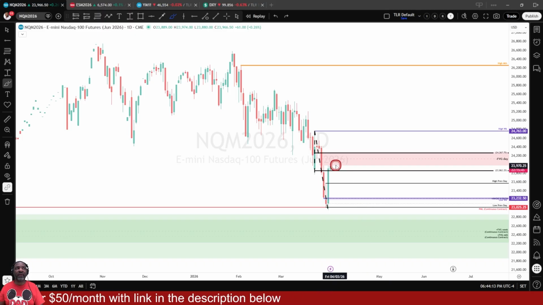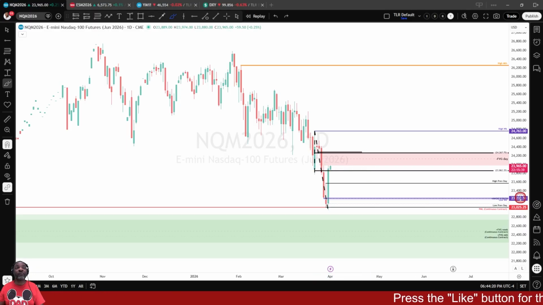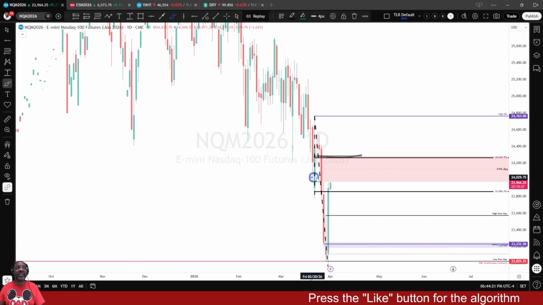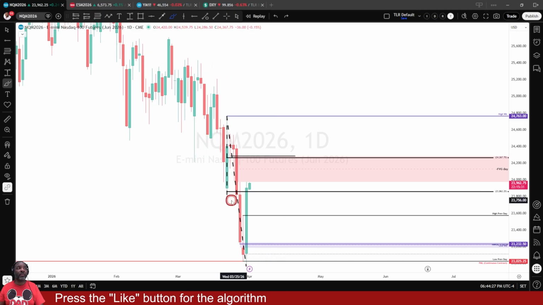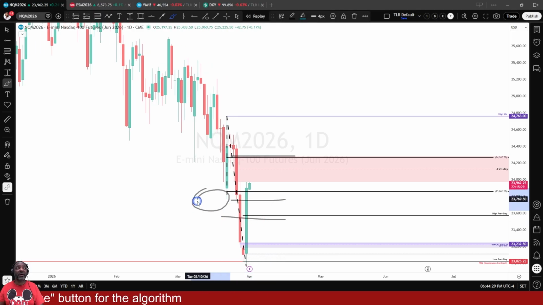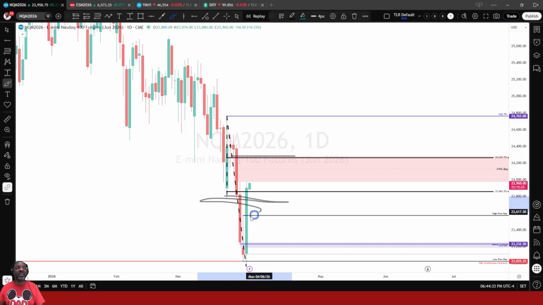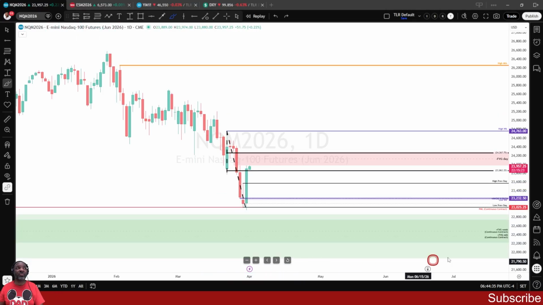If we start to lose these, this is your first imbalance that was created as price displaced down, right? So this was your first based off of leaving this area. It has become an inversion fair value gap.